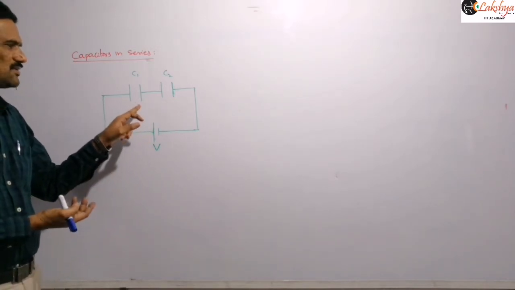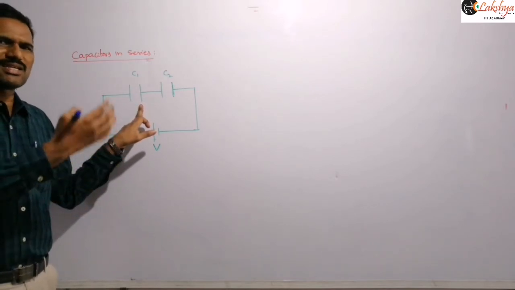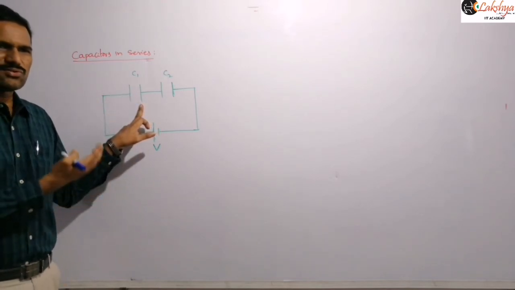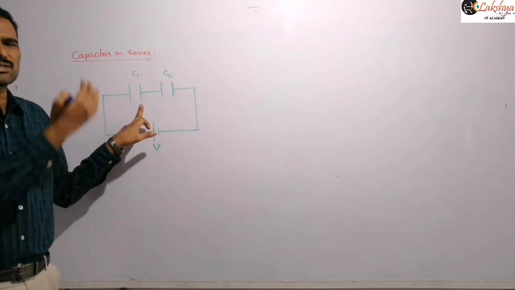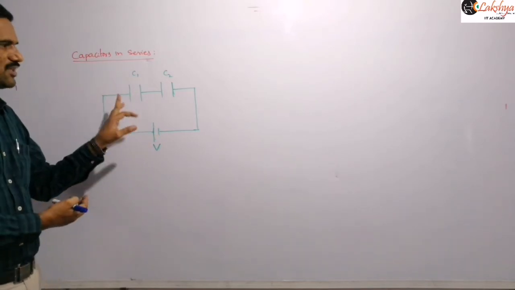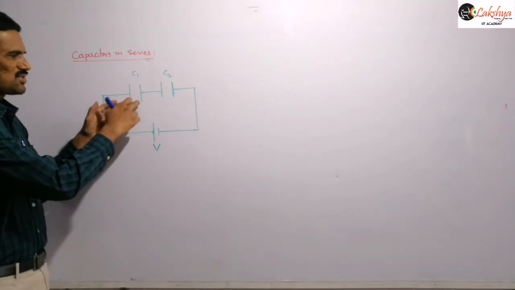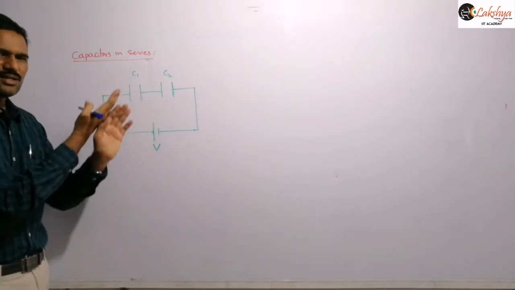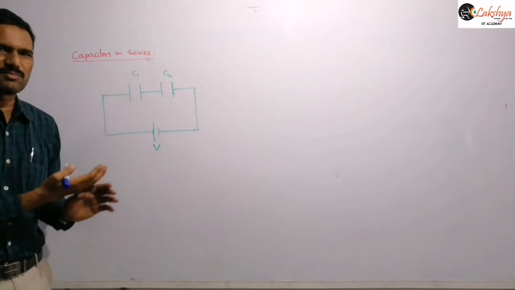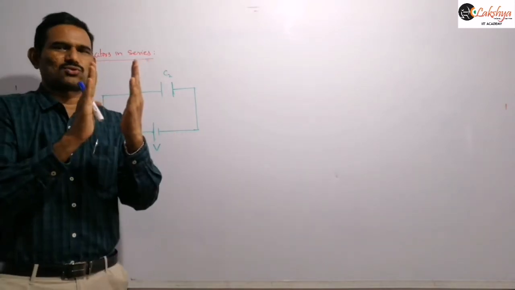In the case of cells, we discussed it like that: the negative terminal of one cell is connected to the positive terminal of the next cell. But with the polarities of the capacitor, you will get positive charge and negative charge, and you may connect the capacitor reversed also.